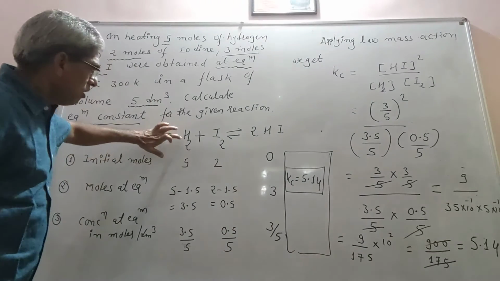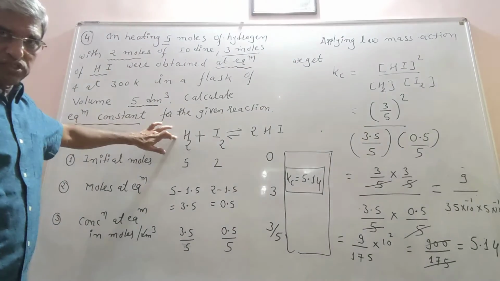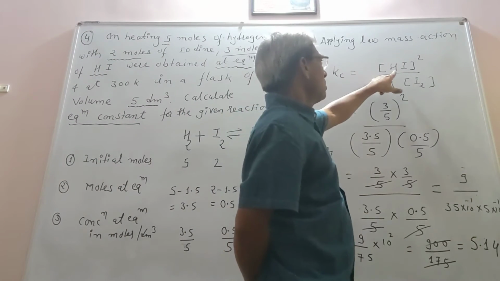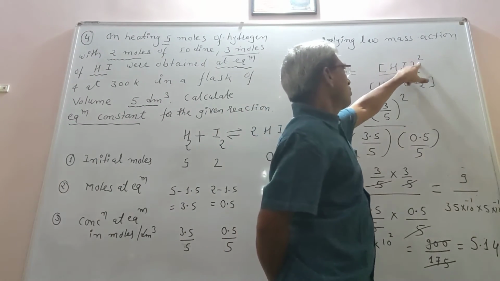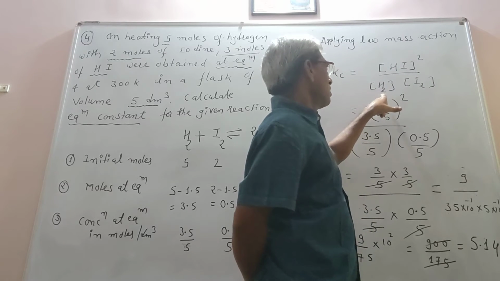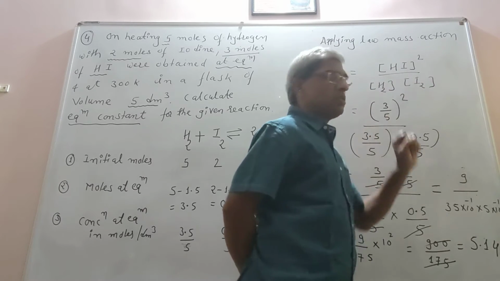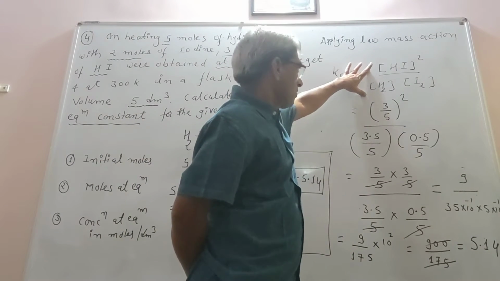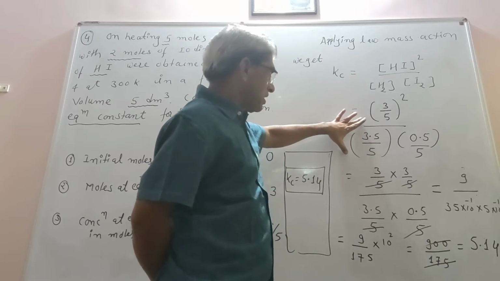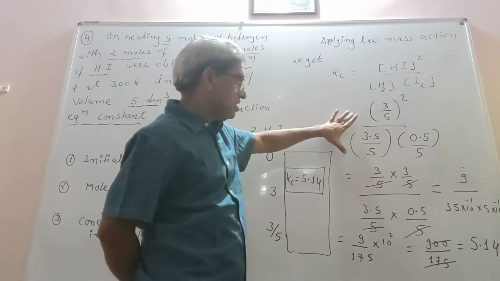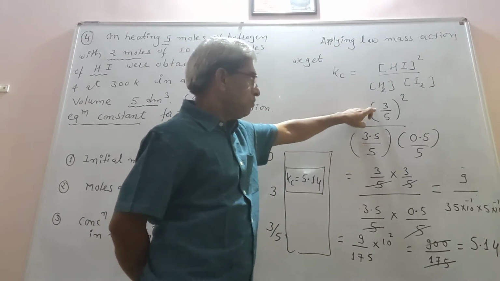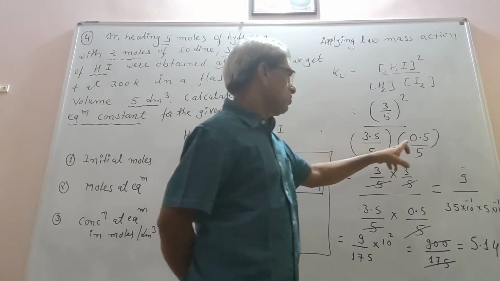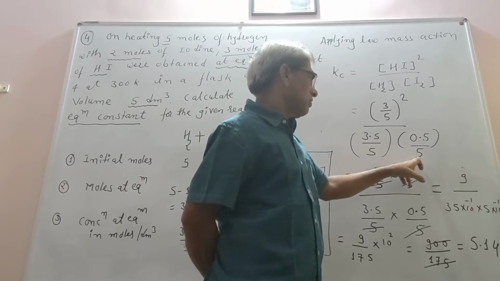Then we apply the law of mass action to this reaction. We get this equation: Kc equal to concentration of HI raised to 2 upon concentration of H2 into concentration of I2. We substitute the values of these concentrations in this fashion: 3 divided by 5 whole raised to 2, upon 3.5 divided by 5 into 0.5 divided by 5.